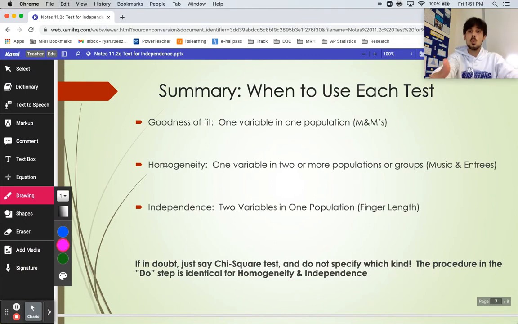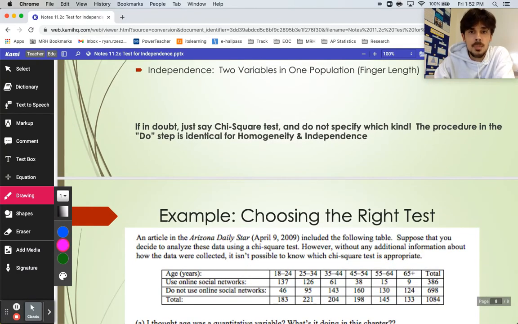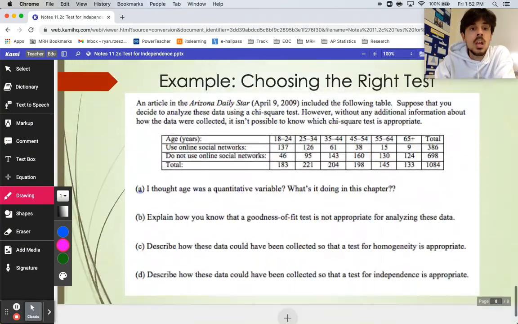Independence, you take one big pool of data and you look at the variables from there. So the wording is really the key difference between the homogeneity and independence problems. And then there's that comment I made earlier: just say chi-square test if you're really in doubt on what you're supposed to do.